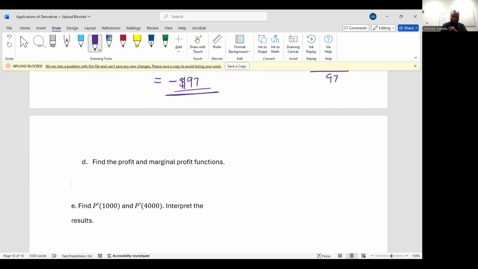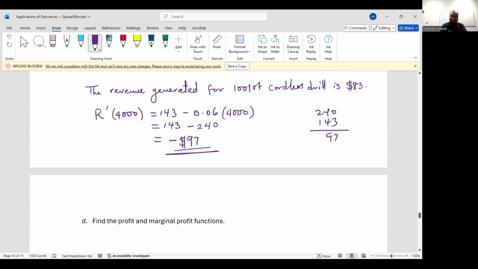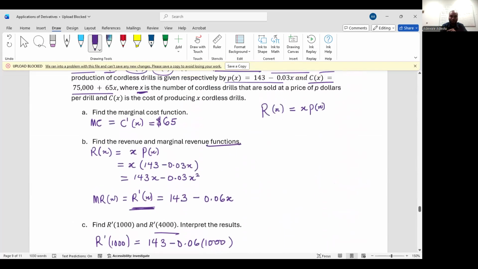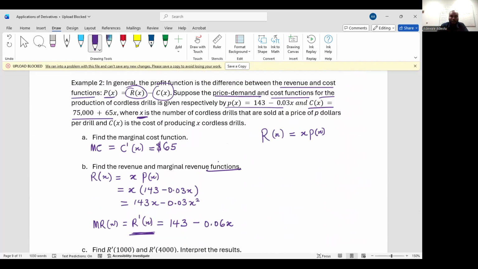Find the profit and marginal profit function. So let us find the profit function and the marginal profit function. So what is profit? Remember, profit is R of X minus C of X. We have computed R of X, which is this, minus C of X. So that is 143X minus 0.03X squared minus, I will need to be careful with that, so I use parentheses.